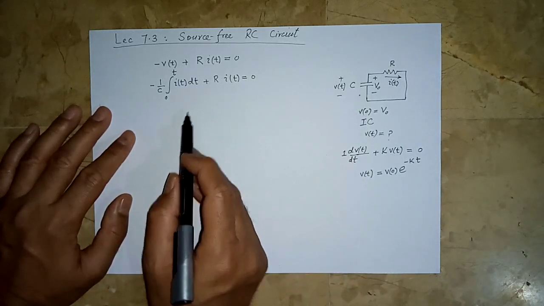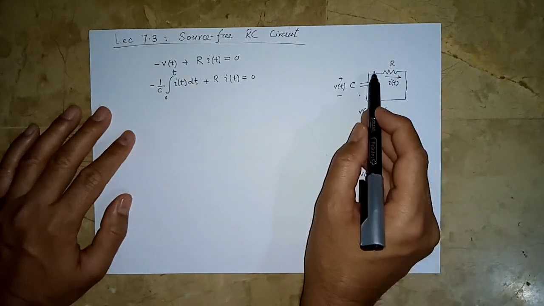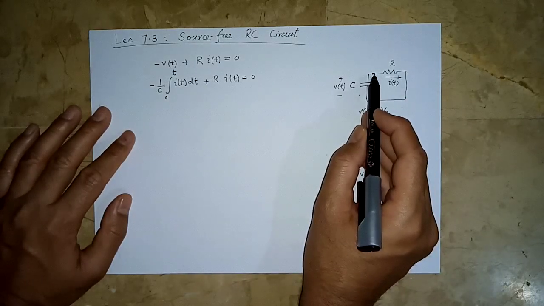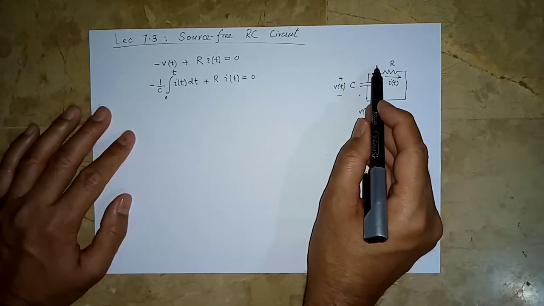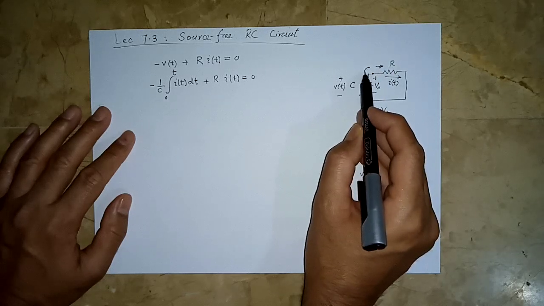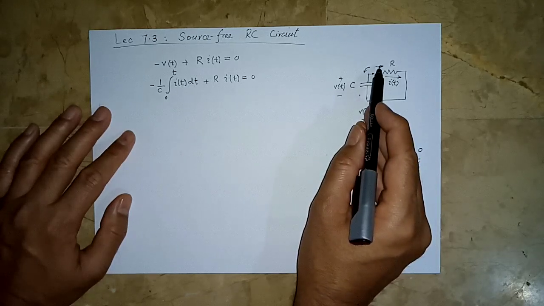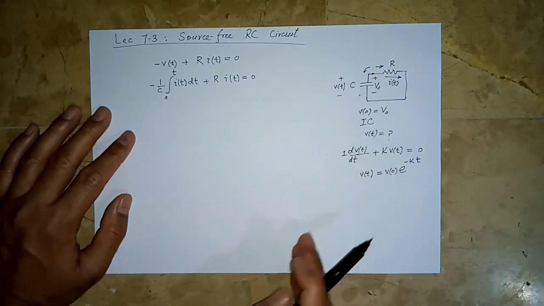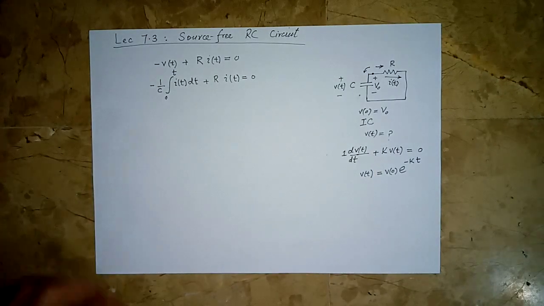So we need an equation, a differential equation, a linear homogeneous differential equation. And instead of KVL, therefore, let us try to apply KCL here. So let us try to apply KCL at this node. We have this current going this way and this current going this way, and both of these currents are outward currents, so therefore their sum must be 0.